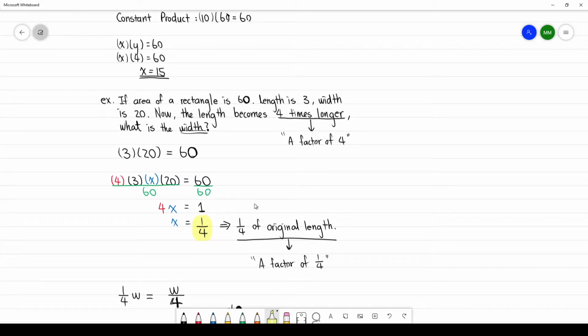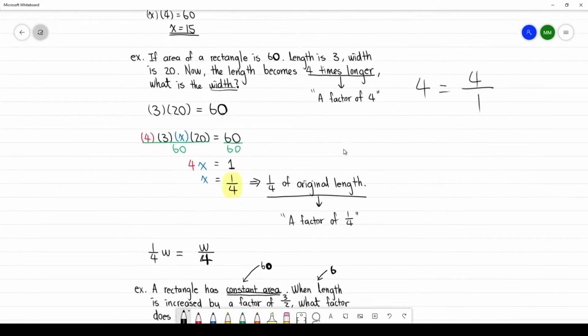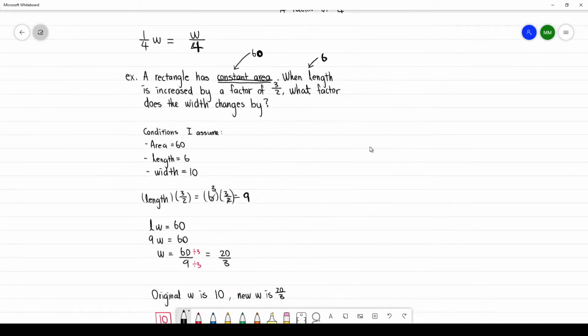What becomes of the width? 1 over 4, because 4 is essentially equal to 4 over 1, so the other one is just flipped over, 1 over 4. So it's actually really simple.